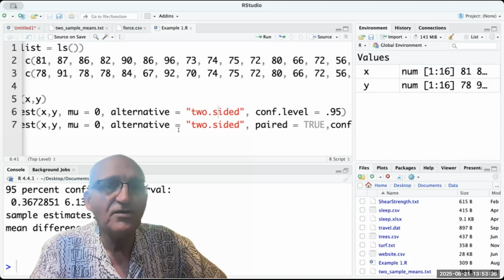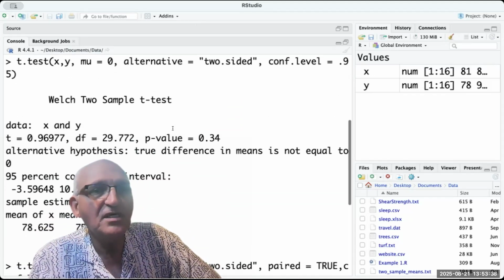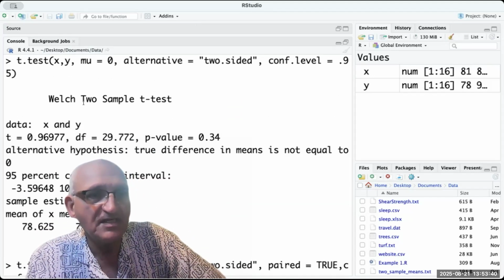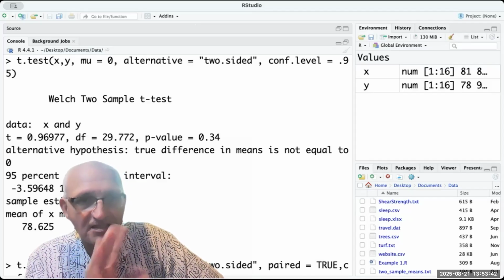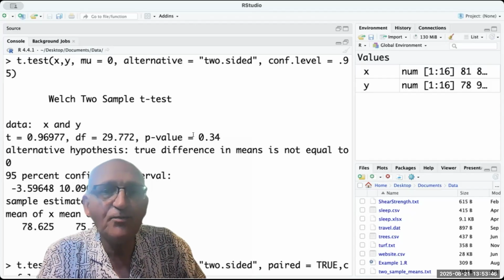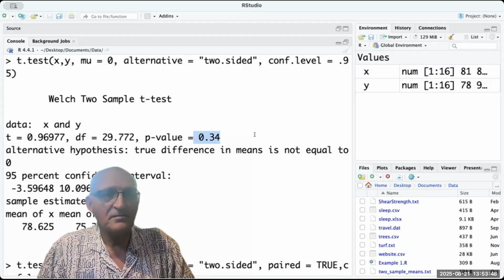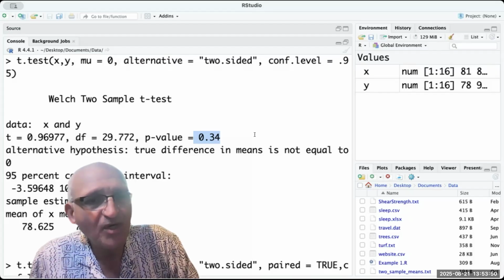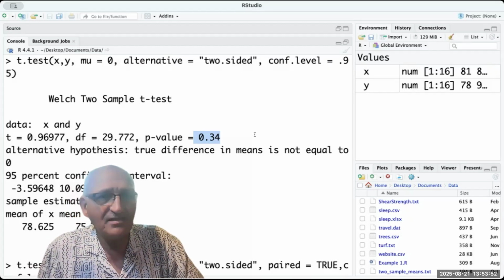Okay, so now we ran it. Let's look at the Welch two-sample t-test, meaning the test that is not paired. They are just independent. We get a p-value of 0.34. It means that we are not going to reject the claim that they are the same.